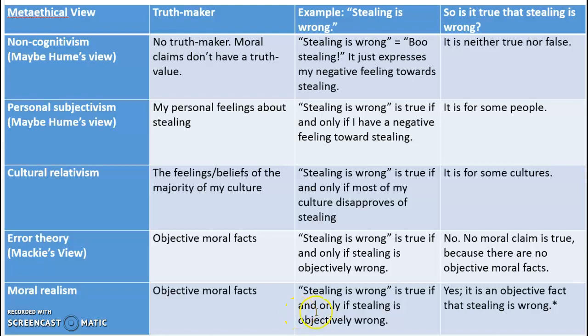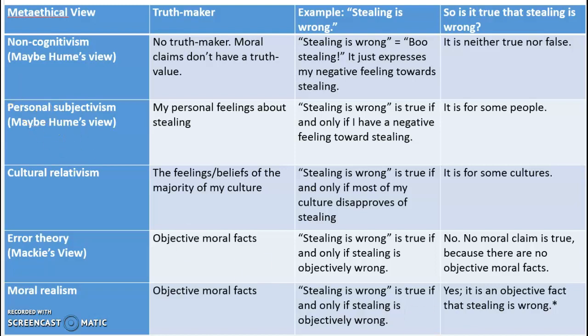But here's where the realist parts ways with Mackie. Because the realist thinks that there really are objective facts out there. And most realists think it's an objective fact that stealing is wrong. So it is objectively true for everyone at all times that stealing is wrong. That is an objectively true claim.